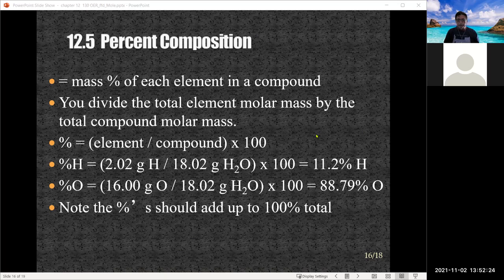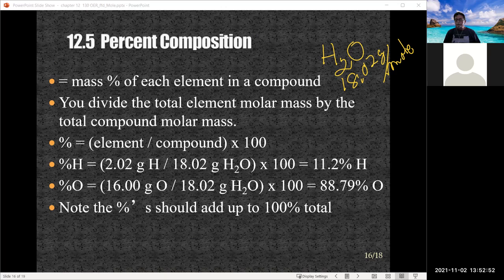Let's figure out the molar mass of water, H2O, which was 18.02 grams per mole.